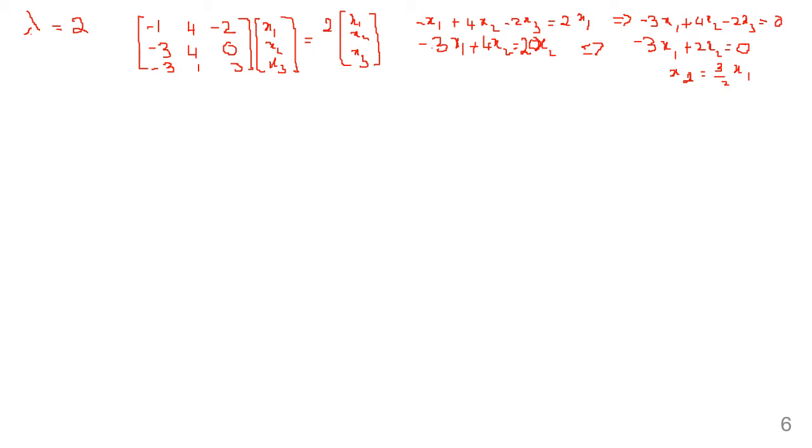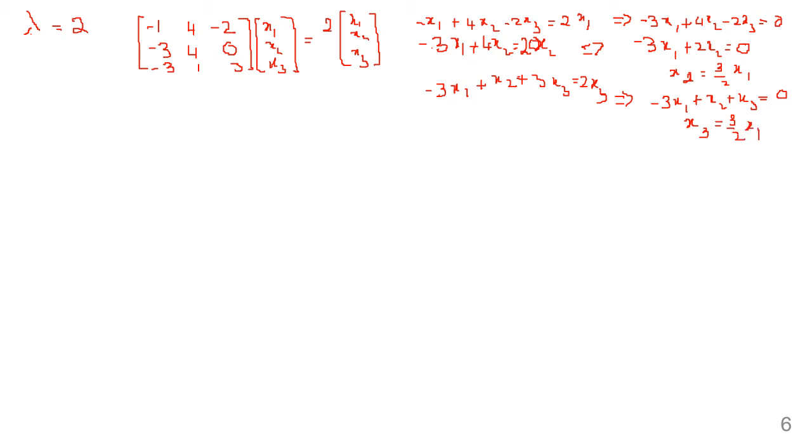Let us take the third equation, minus 3x1 plus x2 plus 3x3 is equal to 2x3, which will give me minus 3x1 plus x2 plus x3 is equal to 0. So simplifying this further, I get x3 is equal to 3 by 2 x1.